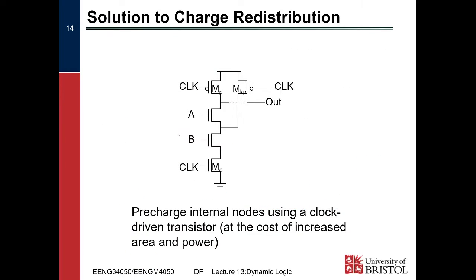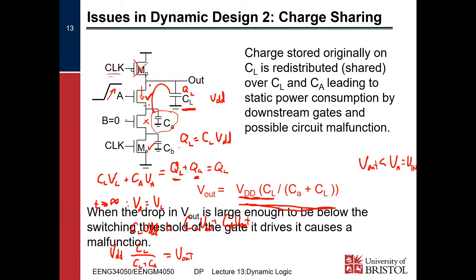Which it can charge share between, right? So if we imagine CA equals 10 picofarads and CL equals 1 picofarad, if this were the case, then it's quite clear that we're going to drop very far below VTN and will malfunction. If it were the other way round, so CL was 10 picofarads and CA was 1 picofarad, then it will just be a minor drop, right?